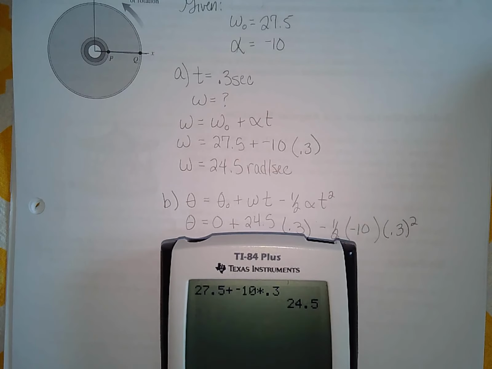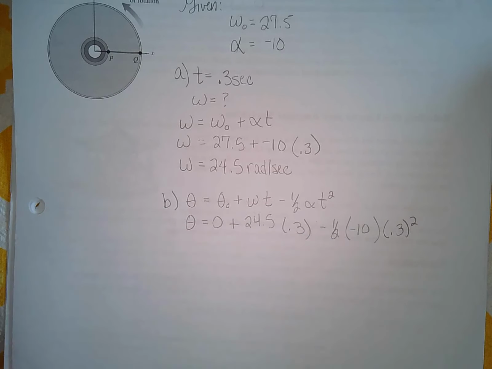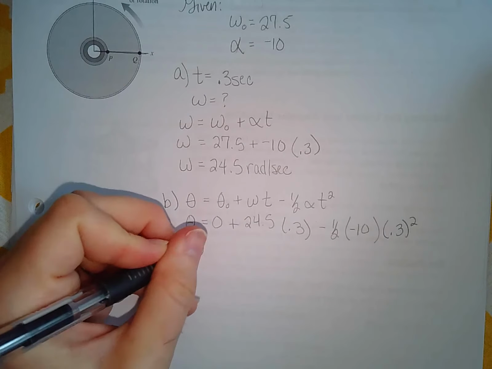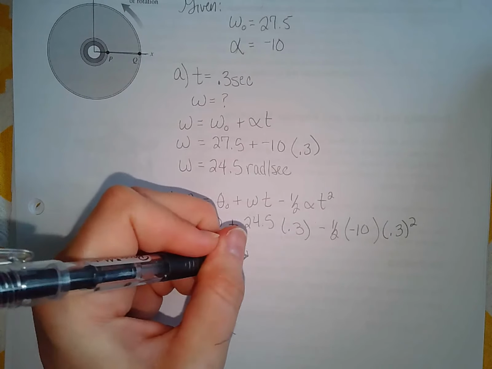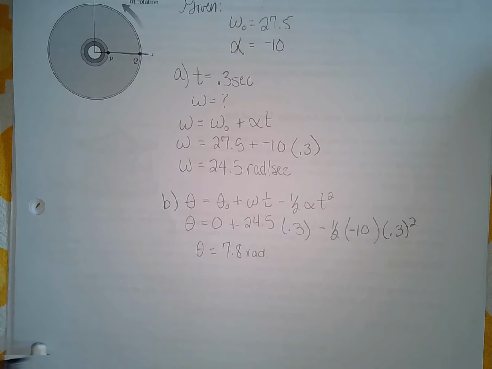Let's do that. And I got 7.8, which is exactly what we should get. Now, this is not 7.8 degrees. This is 7.8 radians.